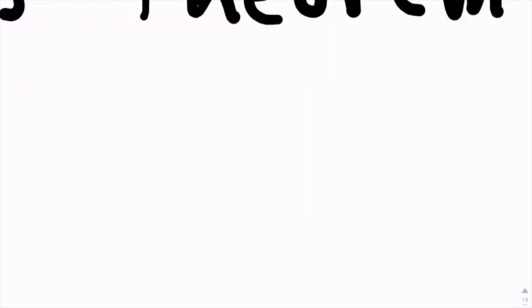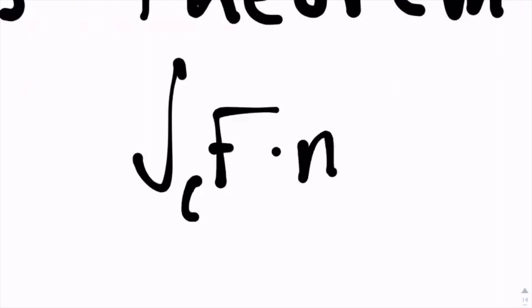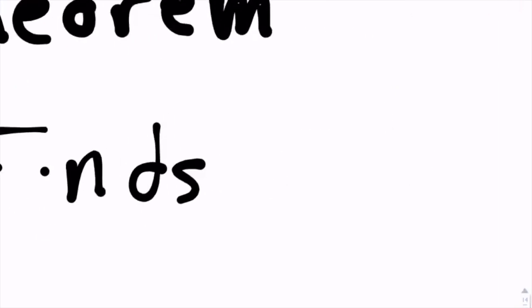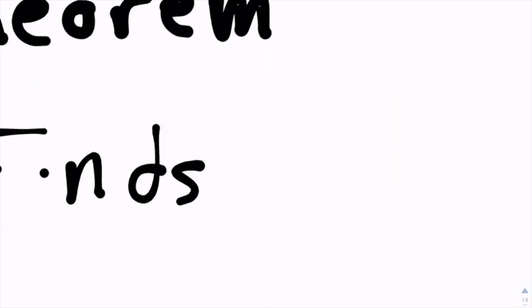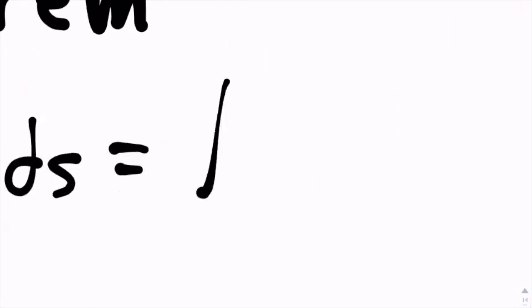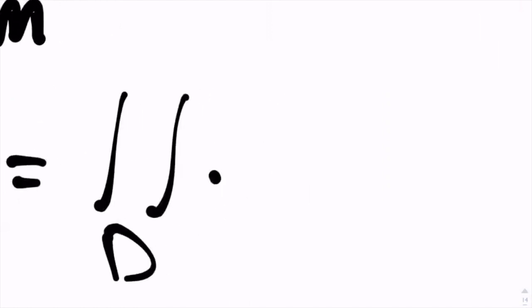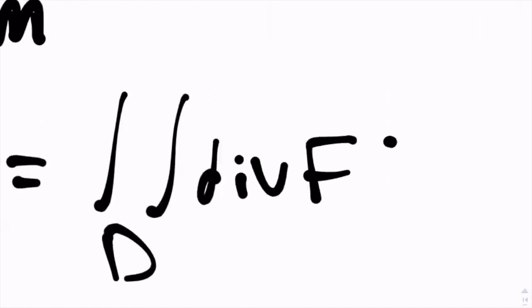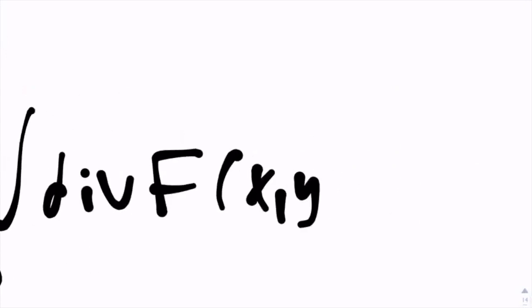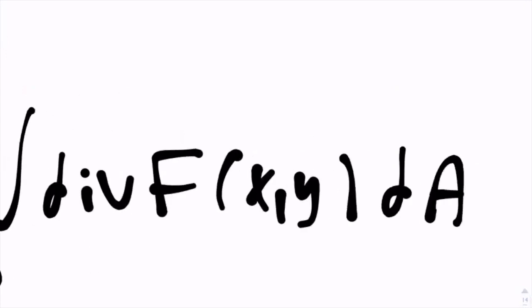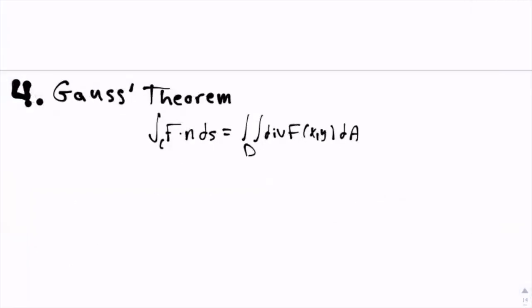So we know that we can rewrite Green's theorem to be as such, based on divergence. Sorry. And we already know this. We've already looked at this and proved it.